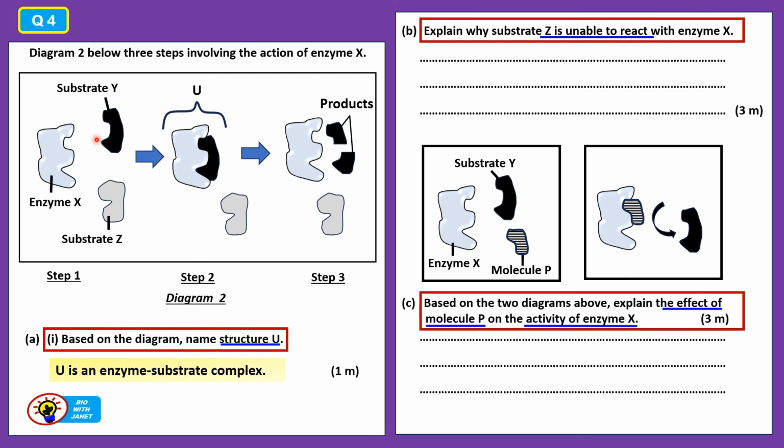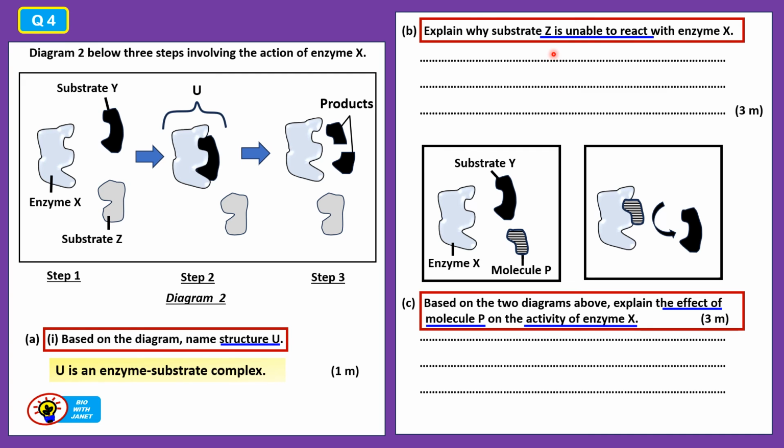So if the names of the substrate and enzyme are given, then you can use them to name the enzyme substrate complex more specifically, like maltase-maltose complex instead of enzyme substrate complex. If you're not sure, you can put down both answers. But in this case, since the substrate and the enzyme are not named, we don't know what they are, so we just mention enzyme substrate complex.